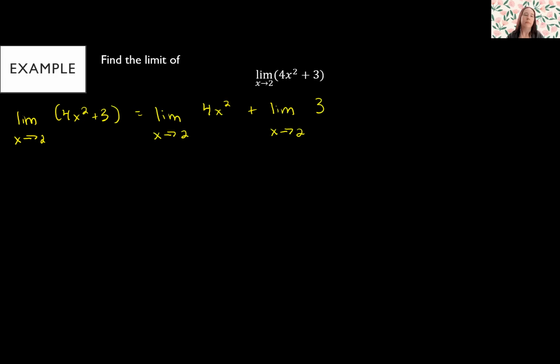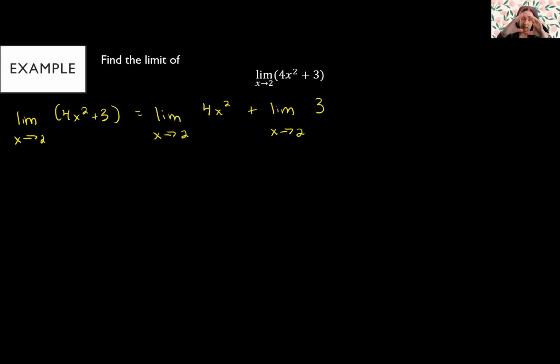So if you have a limit of something that is added, you can split that apart as two separate limits added together. So the limit as x goes to 2 of 4x squared plus 3 is equal to the limit as x goes to 2 of 4x squared plus the limit as x goes to 2 of 3.